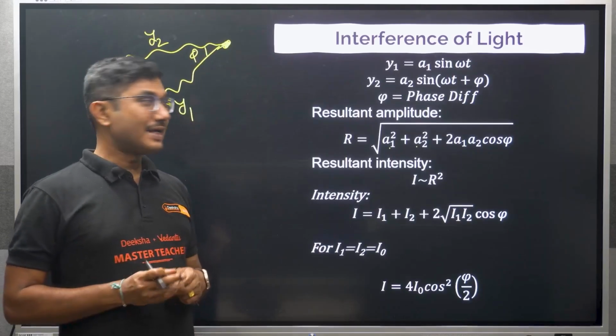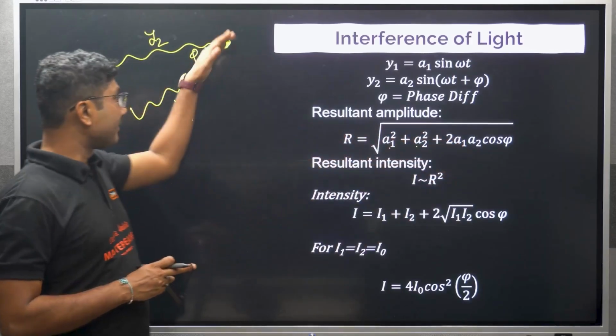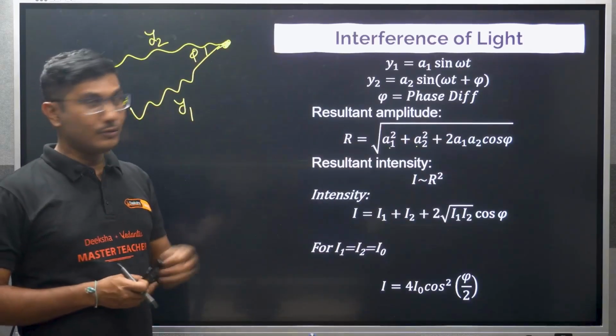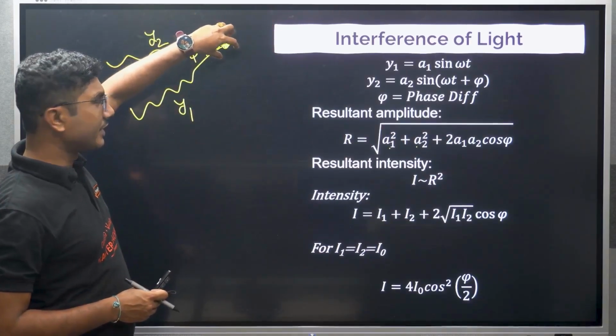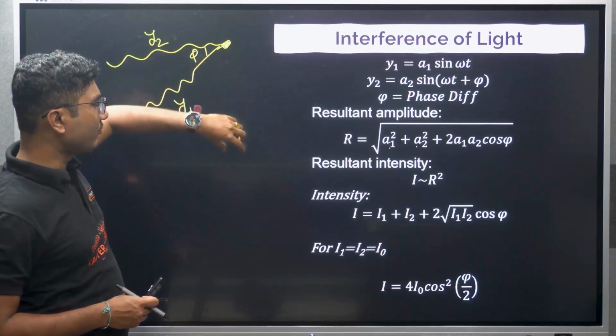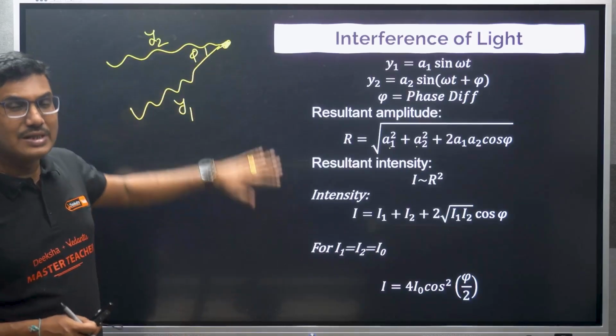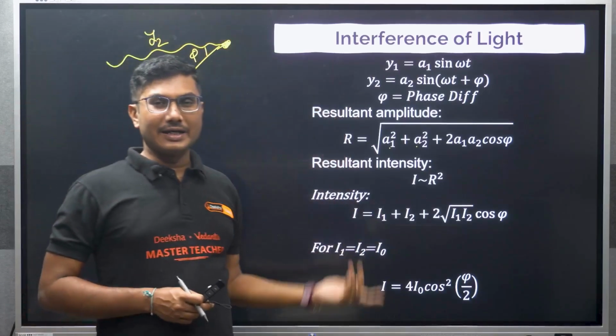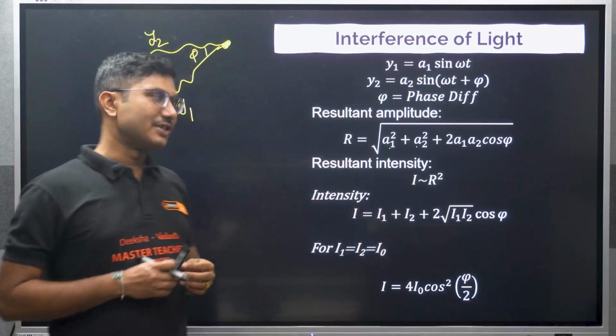But if the phase is constant, the amplitude at different locations will remain the same. So suppose the amplitude here is 10, here 5, here 4, here 3, that will stay as it is, and you can detect how the amplitude is changing.